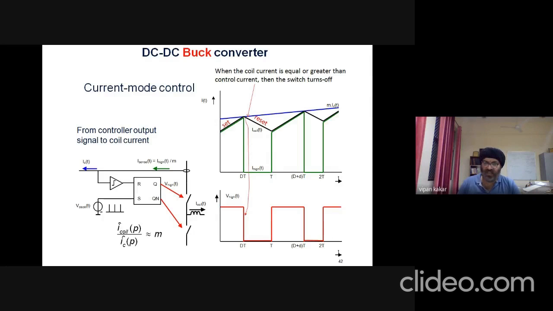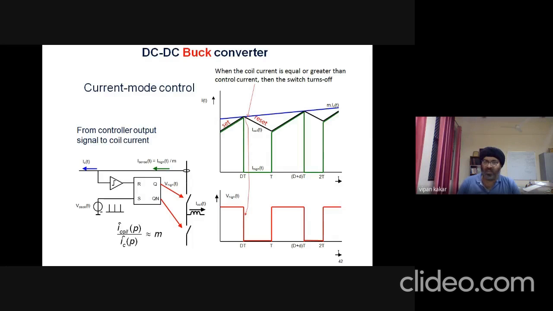And when it resets itself, it turns off the switch. It resets and then sends the signal to the switch to turn off. So this set and reset will decide whether to switch on the switch or switch off the switch. So this is basically a current mode control.